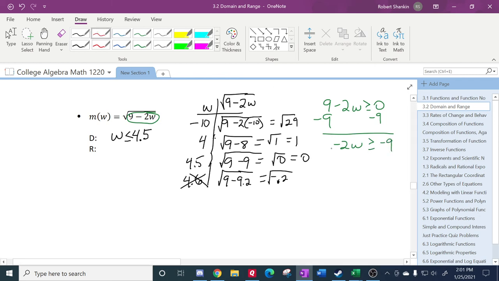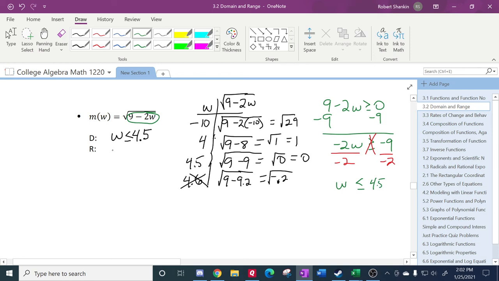We will divide. When you divide both sides of an inequality by a number, we reverse the inequality. And we get W is less than or equal to 4.5, which is exactly what we were coming up with.